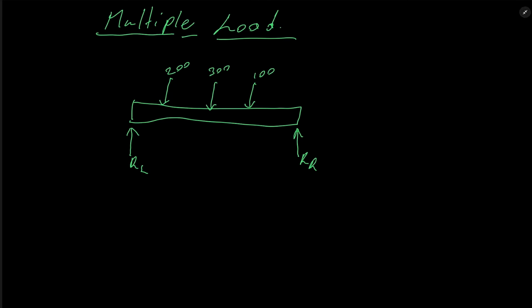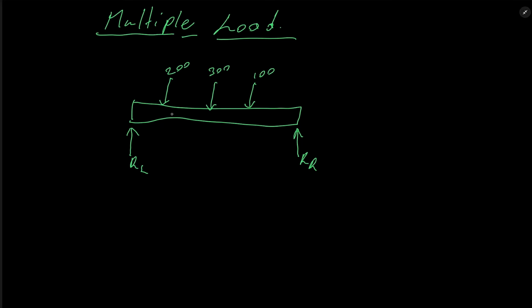As you can see, this beam has loads of 200, 300, and 100 units. You can call it weight if you want to think about it like that, at intervals as shown there.